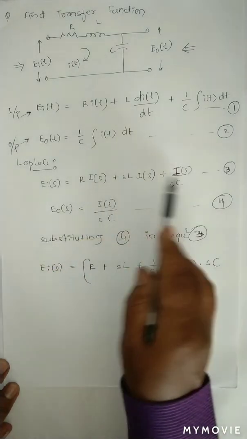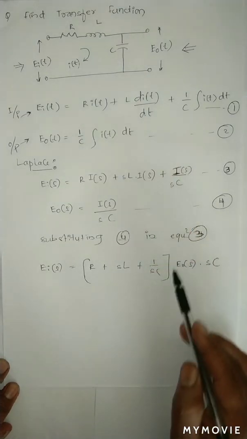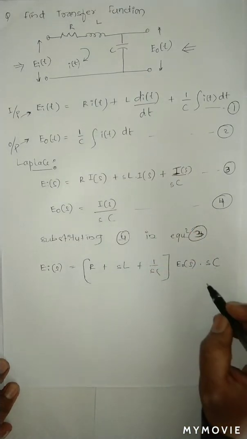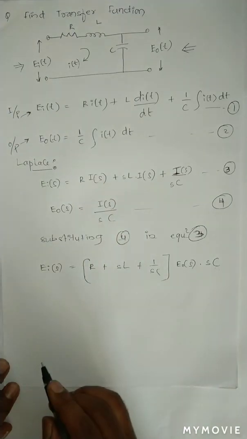So here I took I of S outside, so that I of S is replaced by this equation, right?